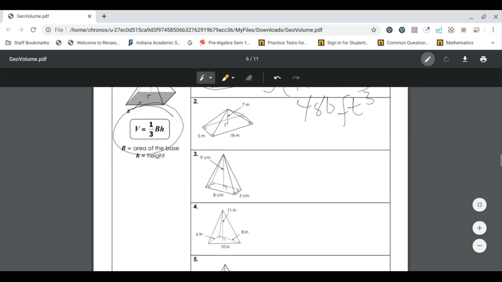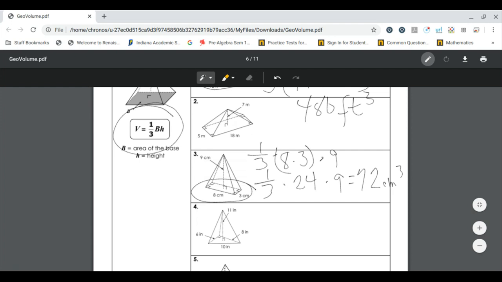Okay, now let's move up. We'll do number 3. Number 3 is not bad either. So remember, this is my base. We take 1/3 of 8 times 3, and then times by height, which is 9. So 1/3 of 24 times 9 should give you 72, and those are centimeters cubed.